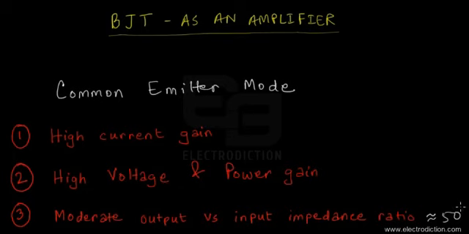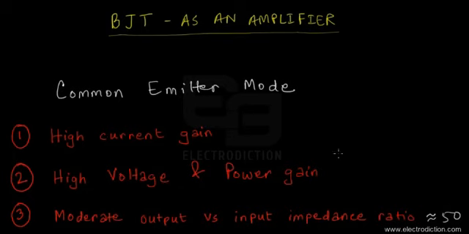But in the other modes of operation of the BJT, it's often seen that the output and input impedance ratios are either too large or too small. So cascading becomes a big issue, and they don't perform well whenever they're cascaded, due to inefficiency resulting from gross mismatching of the outputs and inputs while coupling.